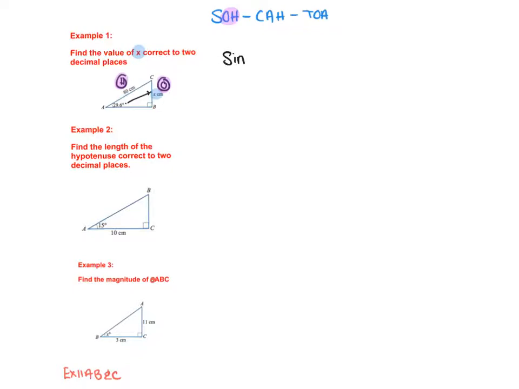I'm going to write the rule out: sine angle equals O over H. My next step is to substitute in all the things I know. The angle is 29.6 degrees, the opposite is x and the hypotenuse is 80.